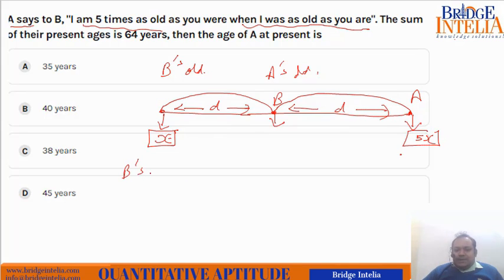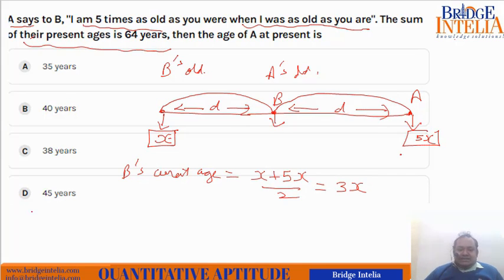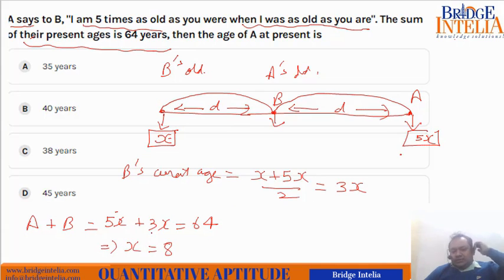So B's current age will be (X plus 5X) by 2, that is equal to 3X. So the sum of their present ages, A plus B, A 5X, B 3X, is given to be equal to 64. So from here 8X is equal to 64, X is equal to 8.